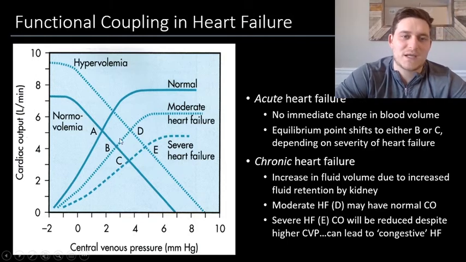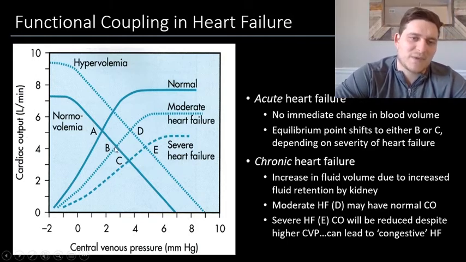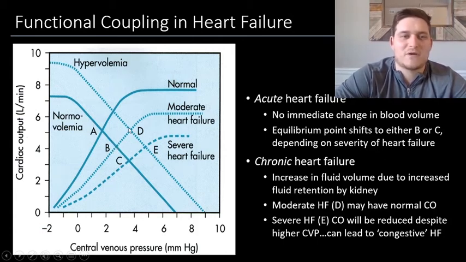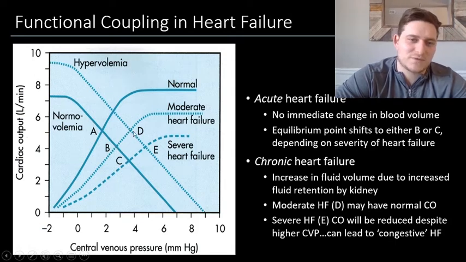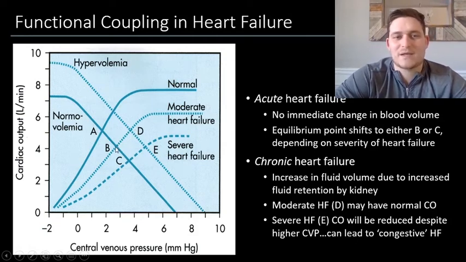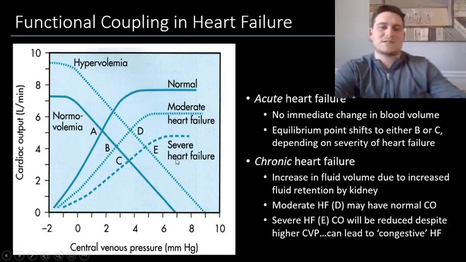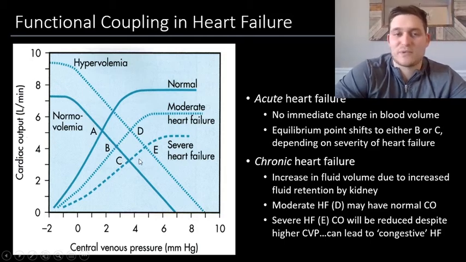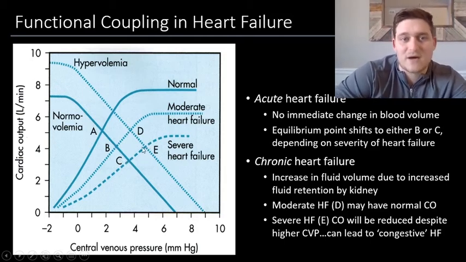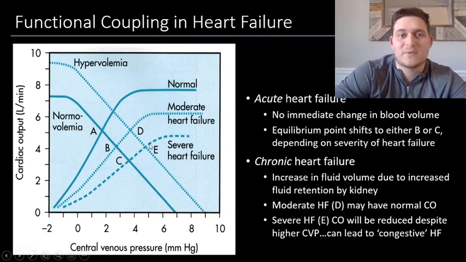So that's what we're seeing with chronic heart failure: by increasing blood volume, we get a shift. So even though the contractility has decreased, with moderate heart failure and then fluid retention, you could see near to normal, maybe, cardiac output. But again, that comes at a price of a higher central venous pressure with an increase in blood volume. And in severe heart failure states, the increase in blood volume does help to increase cardiac output a little bit.